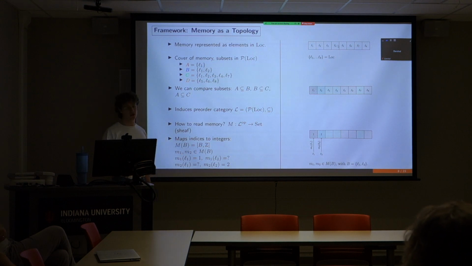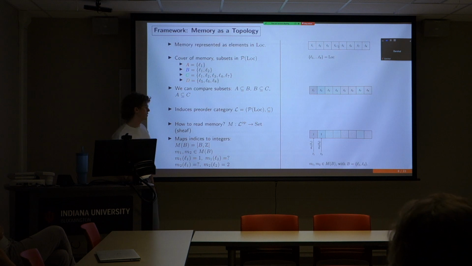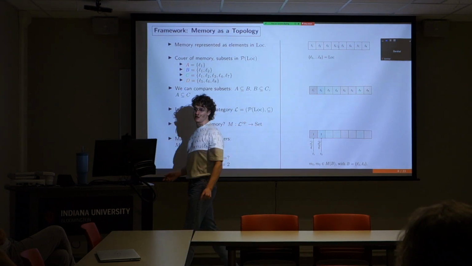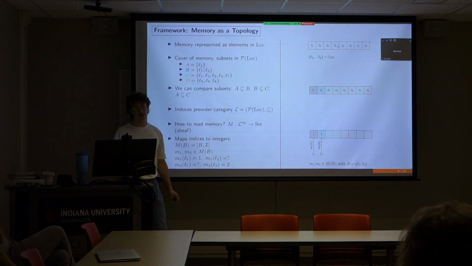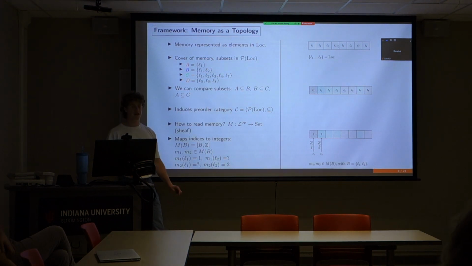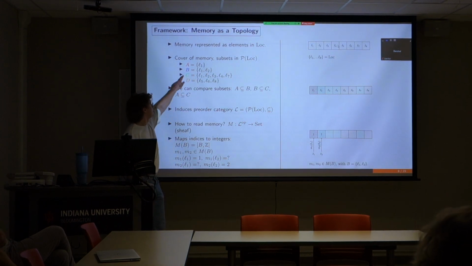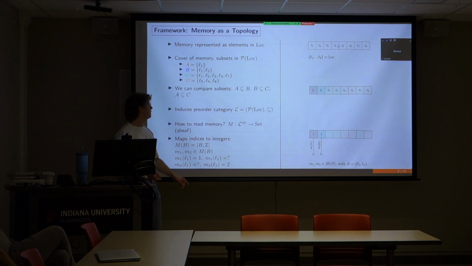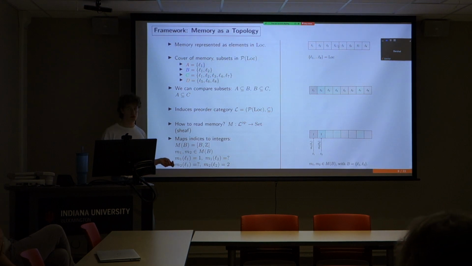Let's say we have a memory specified like this, and we look at the discrete set Loc. Loc contains memory locations L1 to L8. We take the power set of those, and elements in the power set are these letters here. For instance, L1 is in the power set of memory locations, and so are B, C, and D. Because if we combine all those subsets together, we get back the set of memory locations, it now forms a cover of the set of memory locations.